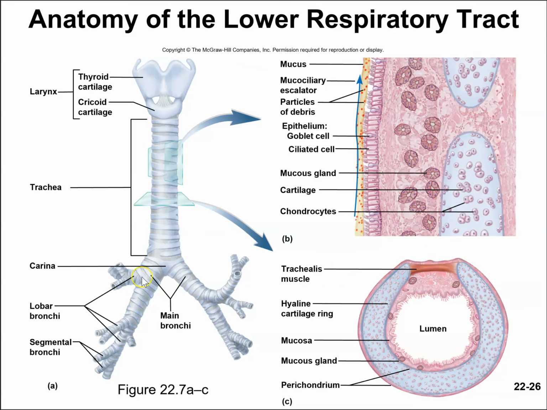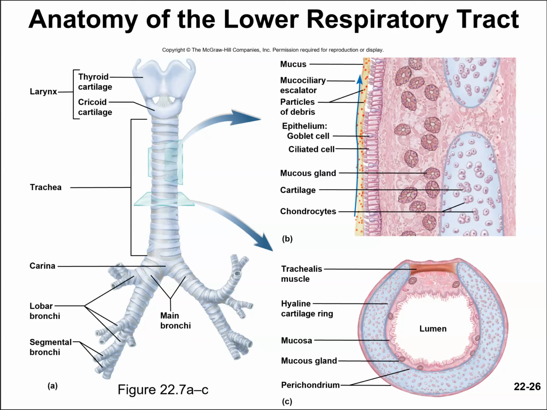If you look at the lower respiratory tract, this is the main branch where the trachea branches into bronchi to enter the left and the right lungs. So this region where the actual branching occurs is known as the carina.